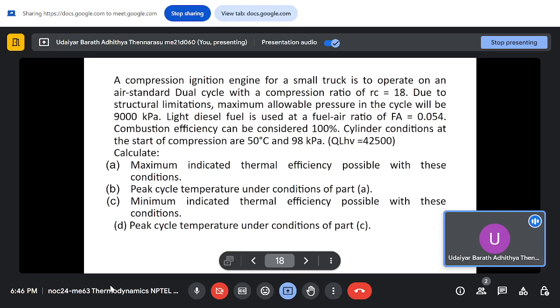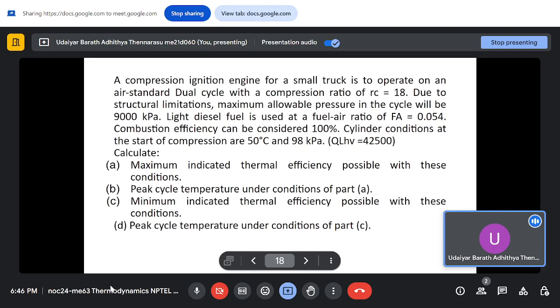Light diesel fuel is used at a fuel air ratio of 0.054. Your combustion efficiency can be considered as 100%, so whatever heat you generate from combustion, you add into the cycle. The cylinder conditions at the start of compression are 50 degrees Celsius and 98 kilopascal.